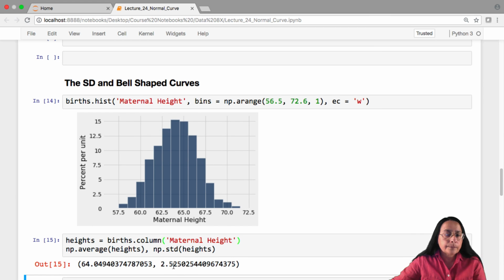Look at the picture again, and see that you agree that the center is around 64. You might have guessed 64.5, that's fine. So this is 65 right here. 64 is not a bad guess for the center.